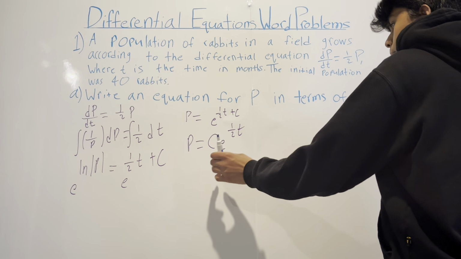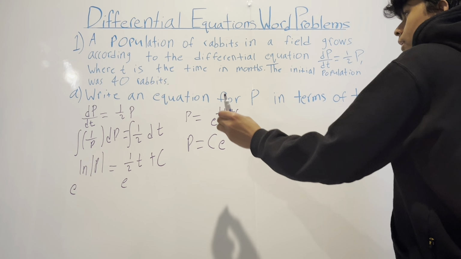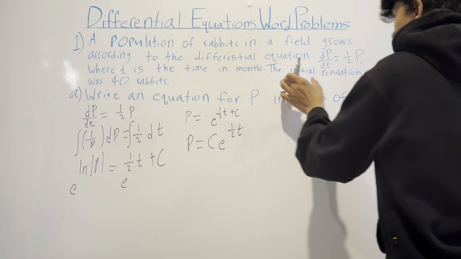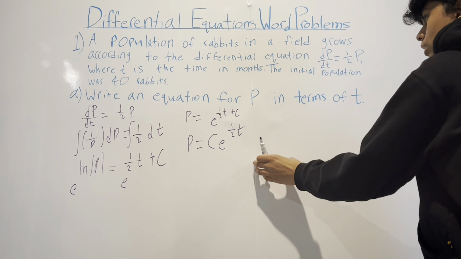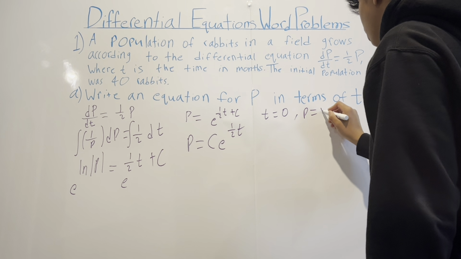But we're not done yet, because we still have this unknown variable, and we can actually solve for it because they gave that the initial population was 40 rabbits. And initial population means that no time has passed, so time is 0. So basically we have a point where t equals 0 and p is equal to 40.